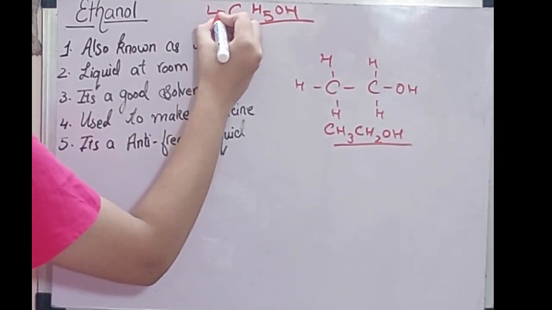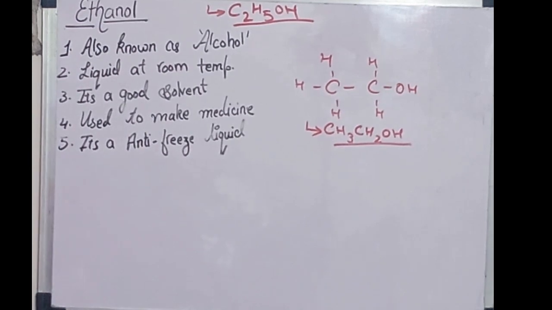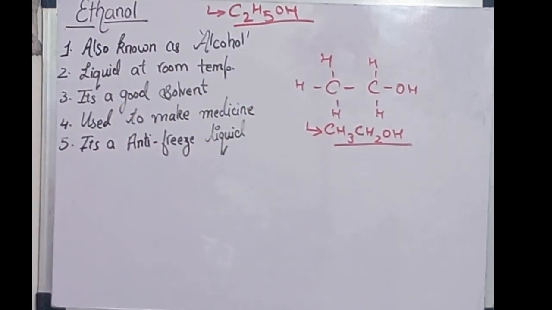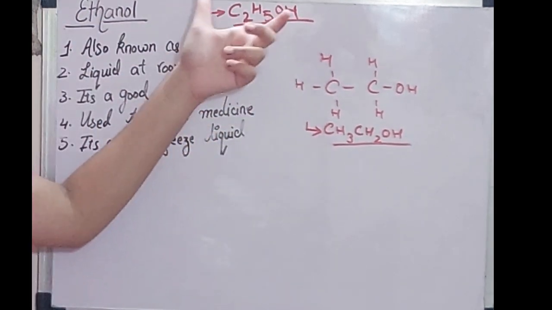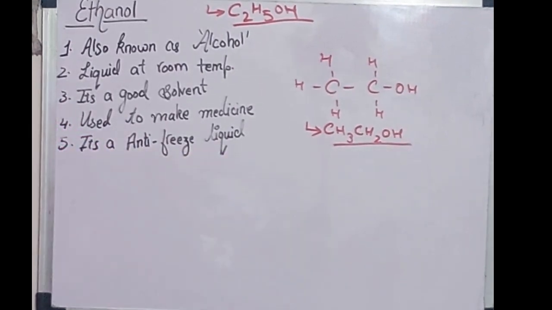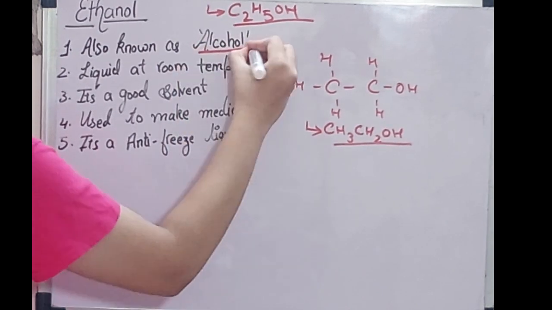We have discussed this in brief in the topic functional groups as well. So I think there's no doubt about how you do this. Okay. So ethanol, that is C2H5OH or CH3CH2OH, has a common name, that is alcohol.